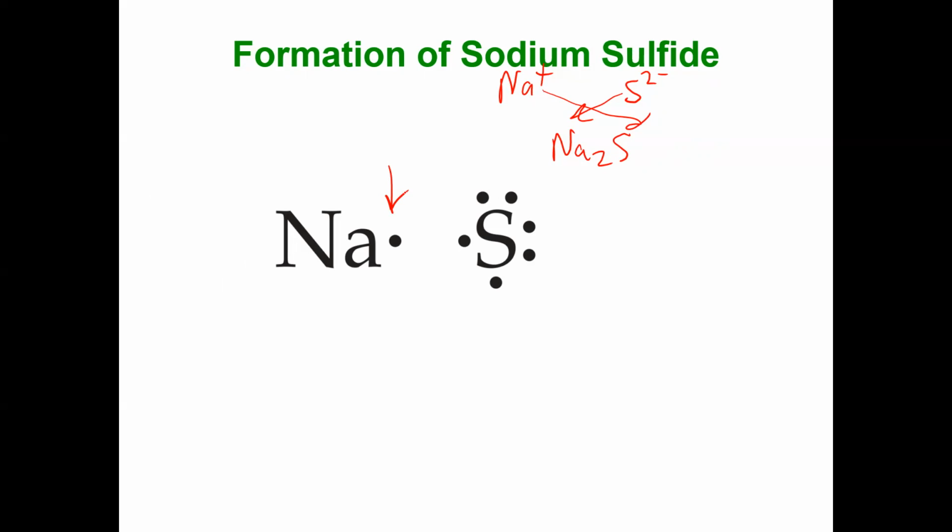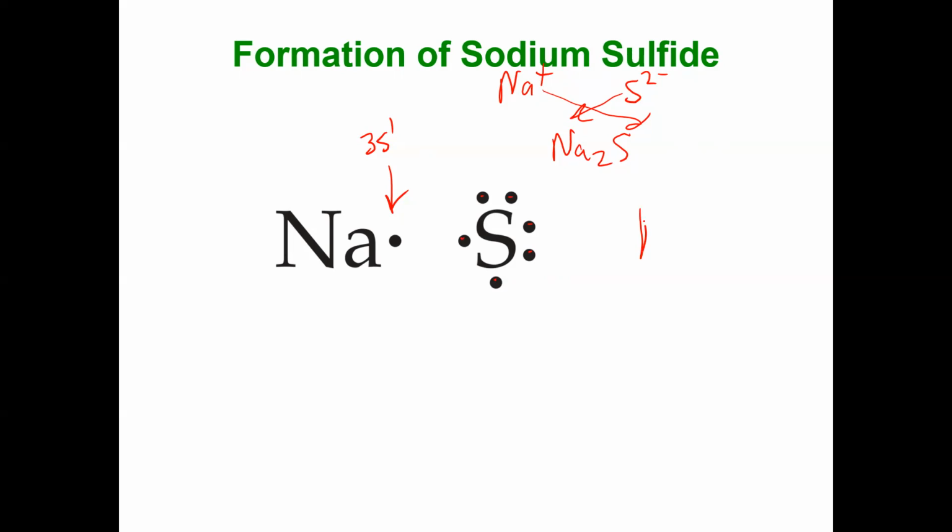It has this valence electron, which is a 3s1. If you look at sulfide, it's in group 6A, so it has 6 valence electrons. That's why it has 6 dots. Sulfur wants to gain 2 more electrons to be like argon.